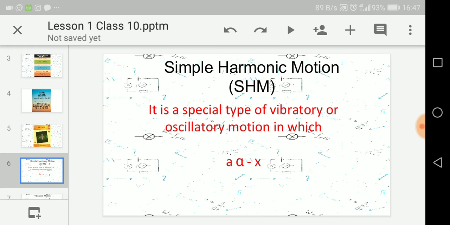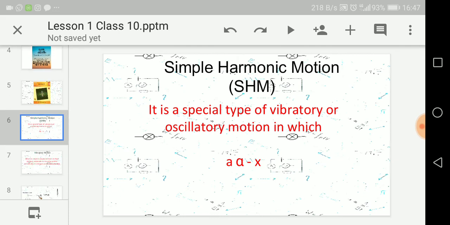So we can say that acceleration is directly proportional to the negative of displacement in this type of vibratory motion. So a simple harmonic motion is merely a vibratory motion which satisfies this condition.